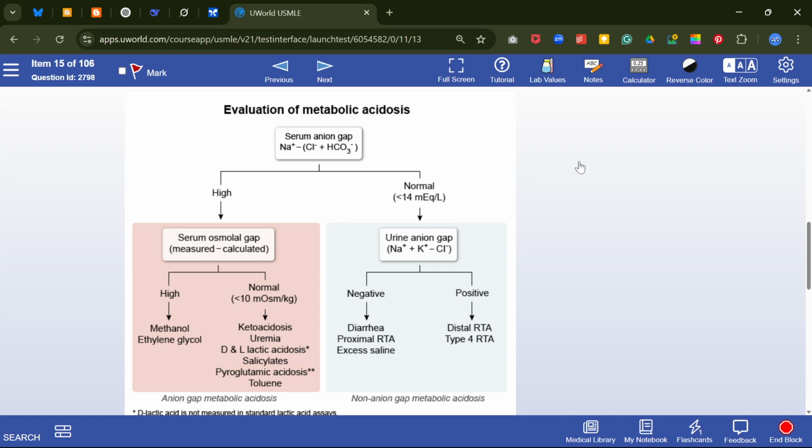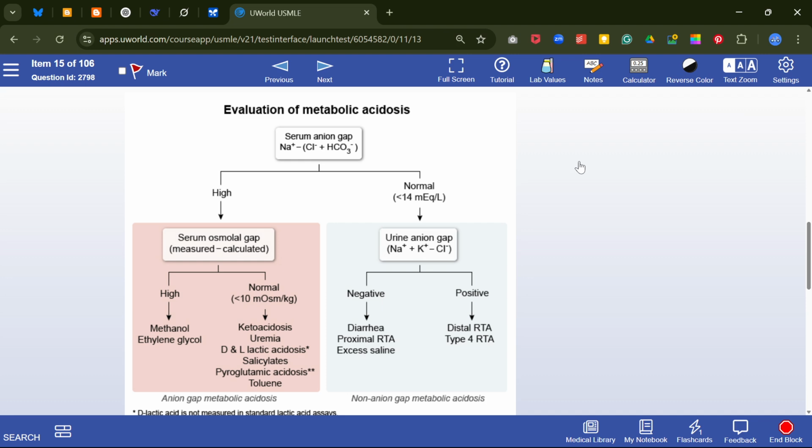If there is metabolic acidosis, first we need to do the serum anion gap. If serum anion gap is higher, you should do the serum osmolar gap. If osmolar gap is high, that is methanol and ethylene glycol.